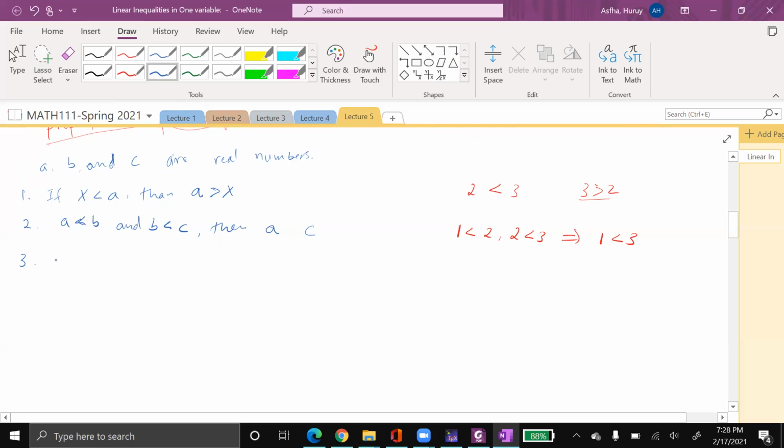And then property number 3, suppose A is smaller than B and C is smaller than D, another number D. And then if we add the first two, A plus C is smaller than the sum of the last two, or the larger numbers B and D. So if you add A and C, they will still be less than the sum of B and D. And you can take a simple example again using numbers.